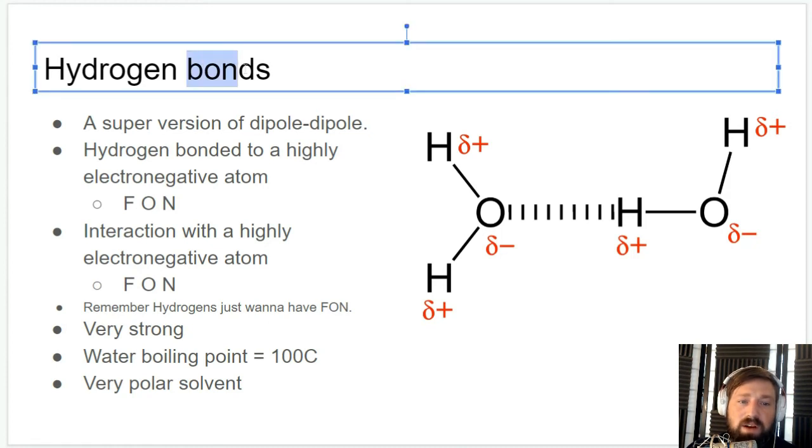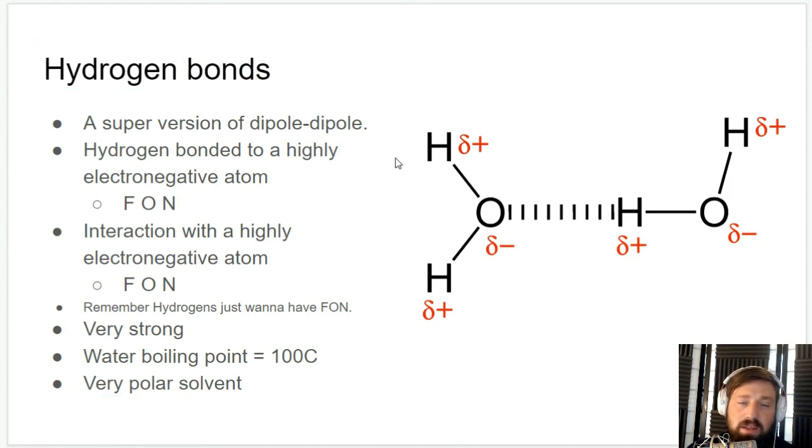I've been saying that these are hydrogen bonds, and that's a bit of a misnomer. These guys aren't actually bonds. They are intermolecular forces. There's no actual sharing of electrons going on.